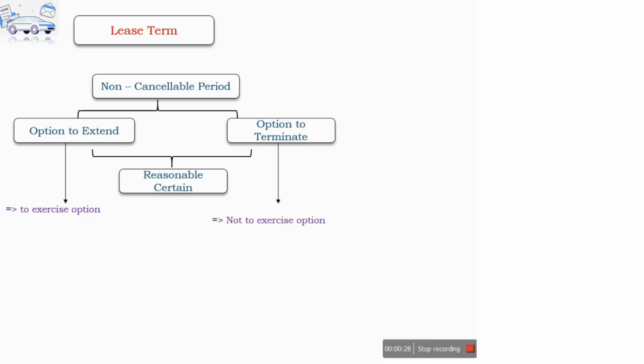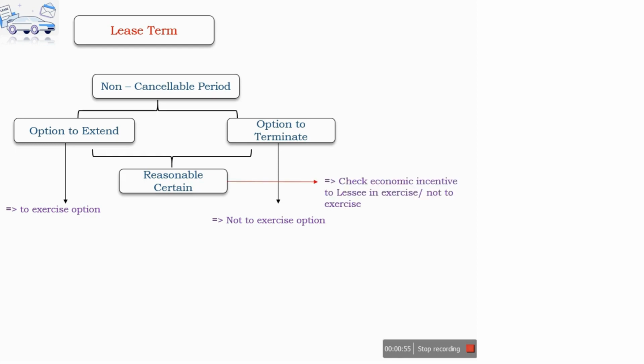In case the lessee is certain not to exercise the termination option, that termination period will be considered in the non-cancelable period. If there is certainty that the option to terminate will be exercised by the lessee, in that case, that termination period will not be included in the calculation of the non-cancelable period.